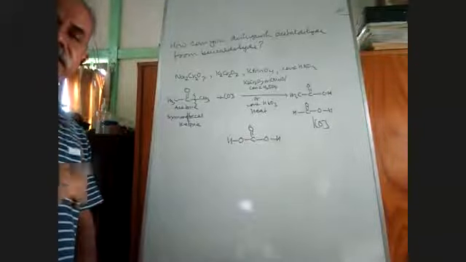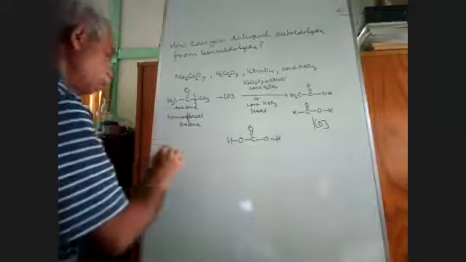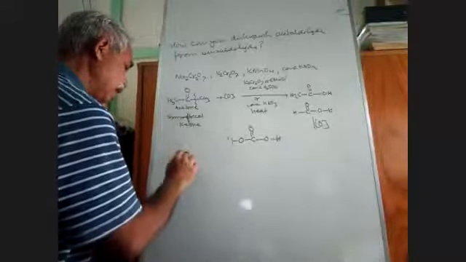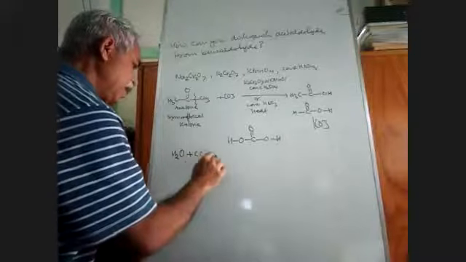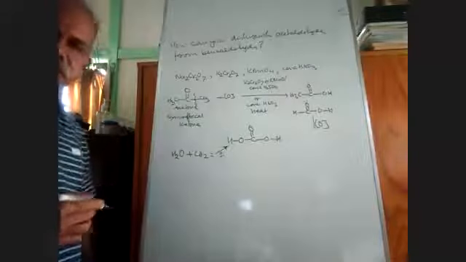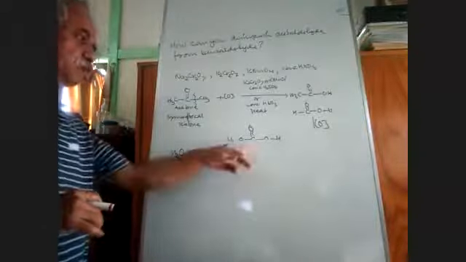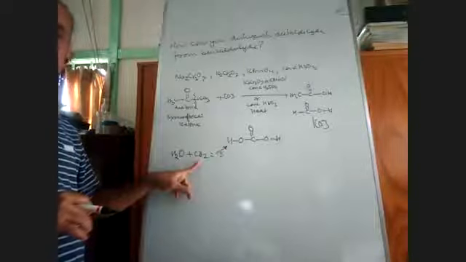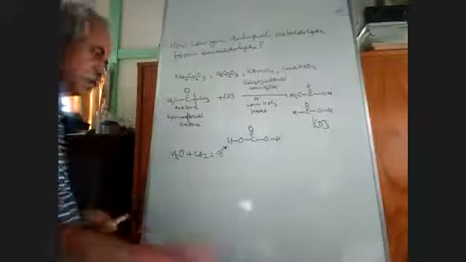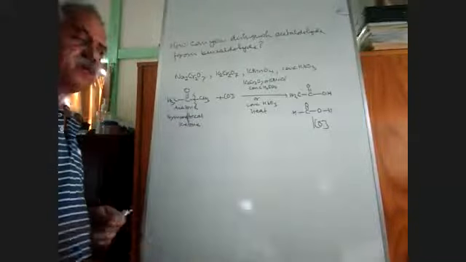You have seen it in your soft drink: forcefully you put carbon dioxide with water and you get carbonic acid. When you open the bottle, this decomposes to give you carbon dioxide, which comes out from there. This is very, very important for the entrance exam.